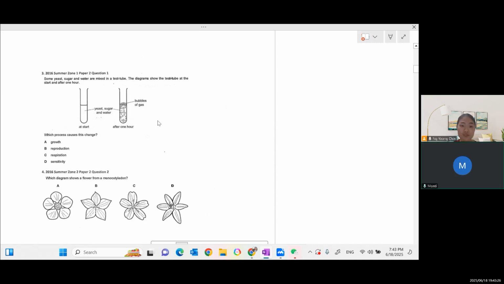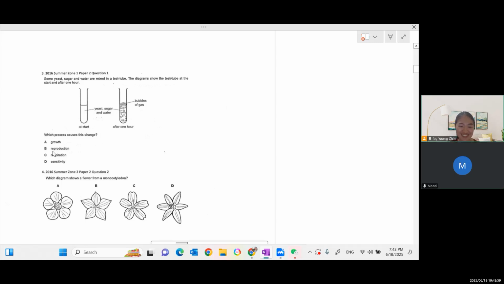After 1 hour, the yeast is already increasing in number, and there's a lot of energy, so there are a lot of bubbles because they are excreting carbon dioxide. So what is the process related to? Respiration. Great. Yes, the answer is C.